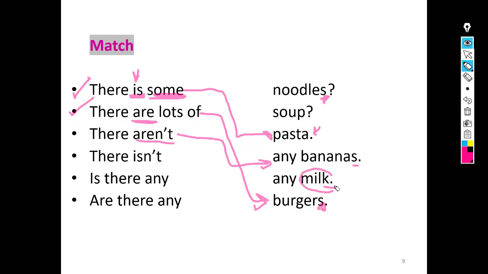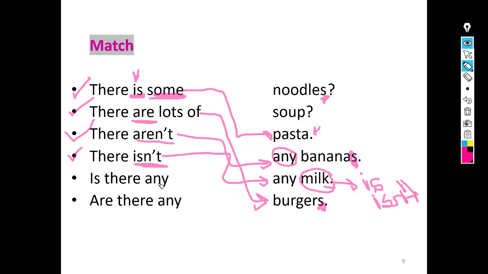Bananas, plural, and any for the negative form, it can be matched. There isn't. Yes, we have got one more negative sentence, and there is only one option with any. Is it singular? Yes, because we cannot count milk. Good. There isn't any milk.